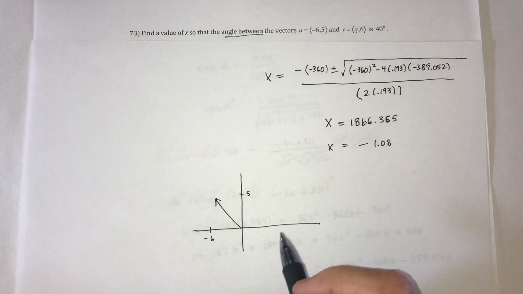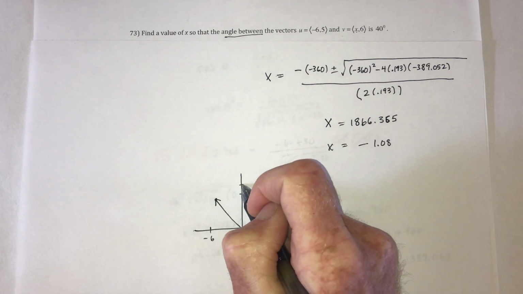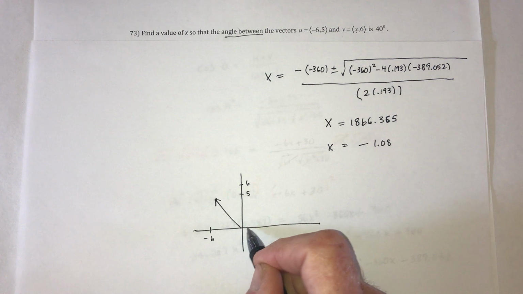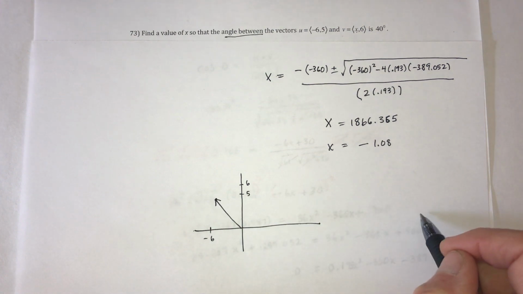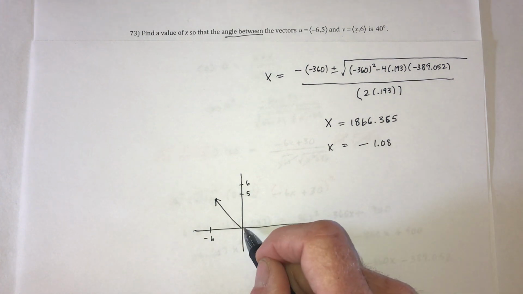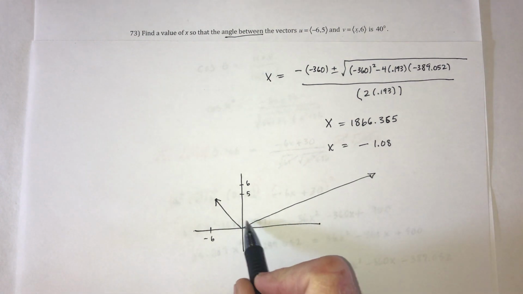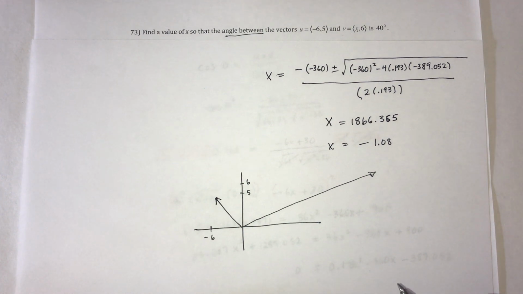And the other vector is x and then comma 6. So if I put the x as 1866, go way, way, way over here and then like that, is it possible that this could be 40 degrees? Yeah, it looks like that's at least possible.